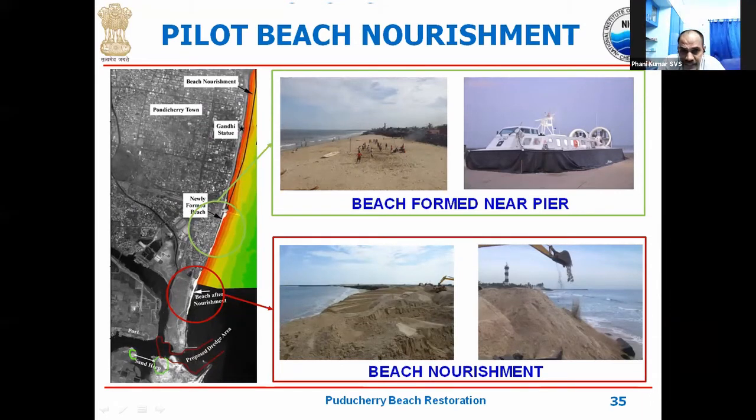Over a period of time, what we observed was that around a 60-meter wide beach was formed, which was sustained for two seasons. We took up this study in 2015 or so, and we were able to look at the results up to late 2014, and from 2013 to 2015 or so.